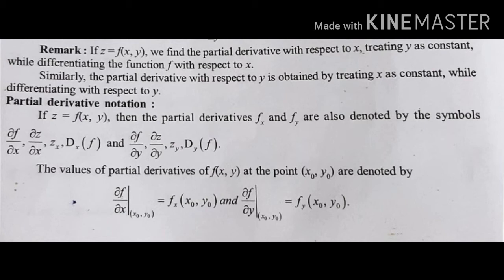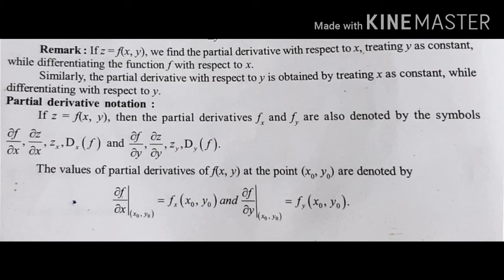to y. Now, if z = f(x, y), then the partial derivatives fx and fy are also denoted by the symbols del f by del x, del z by del x, or zx, or Dx of f, and fy can be written as del f by del y, del z by del y, zy, or Dy of f.